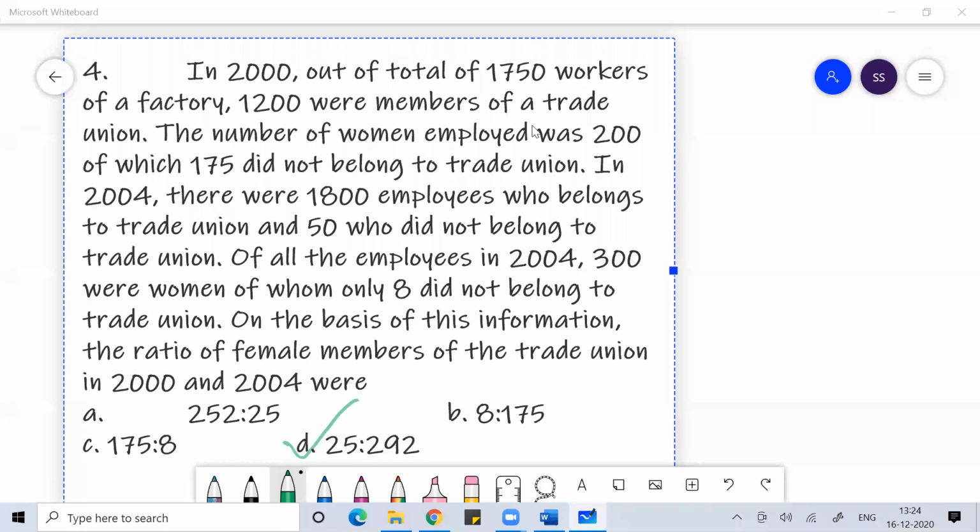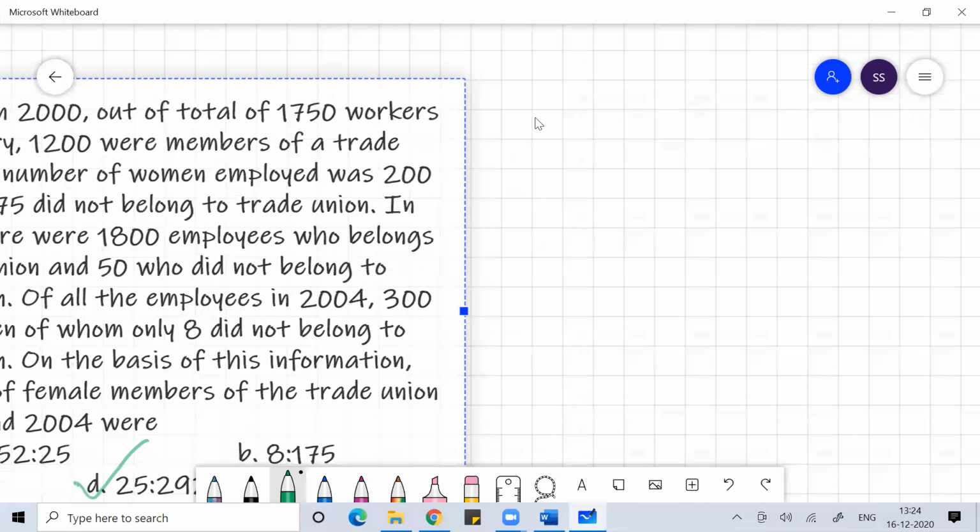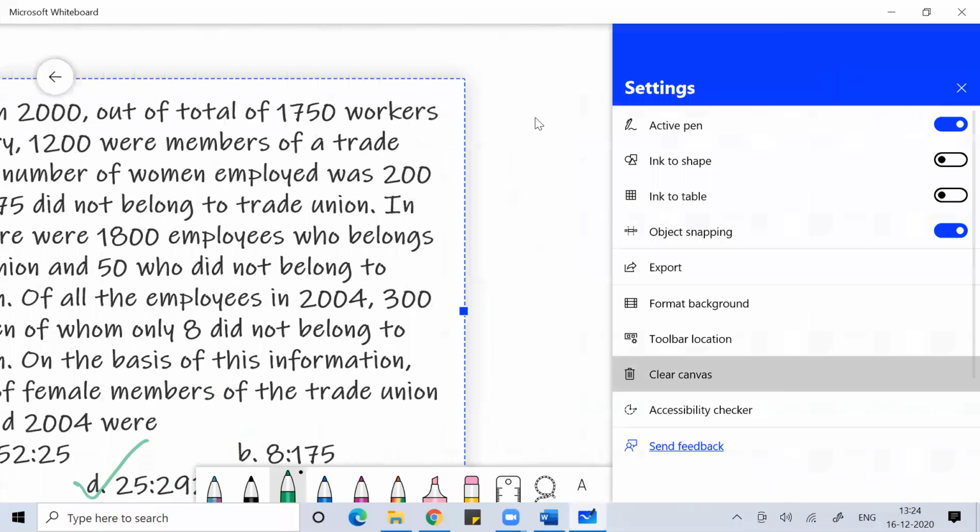Should I go to the next topic or you want me to solve this question? Chiranjeevi, Satish. Okay, fine, fine. Thank you. So I just wanted the update from your end. So I hope you understood this.